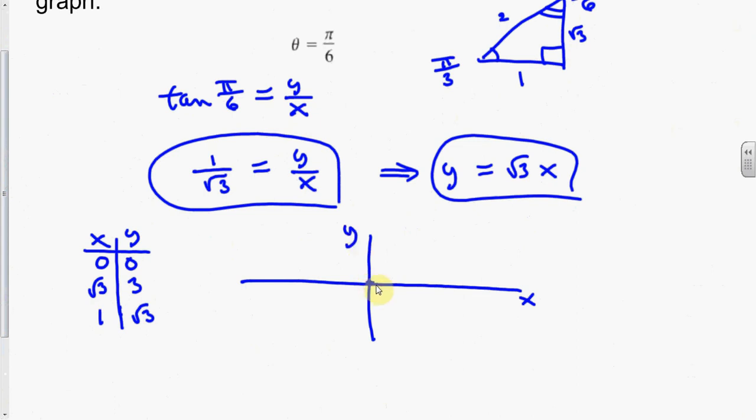So the origin, and then the square root of 3. The square root of 3 is like 1 point something, so it's a little bit more than 1. So let's say this is 1 there. I've got to go up a little bit further. 2 and 3. A little bit more than 1, and then 3 here.